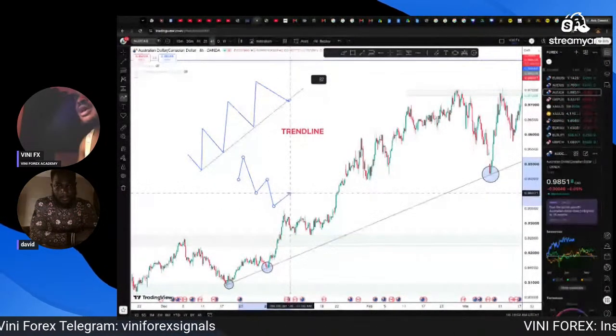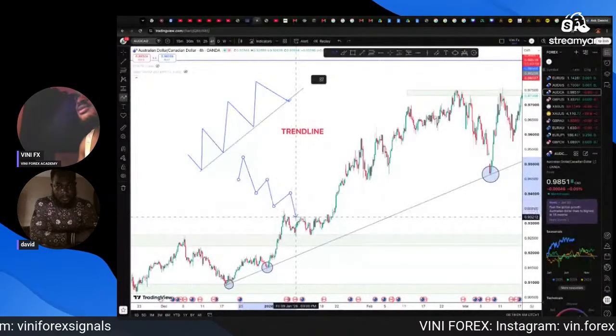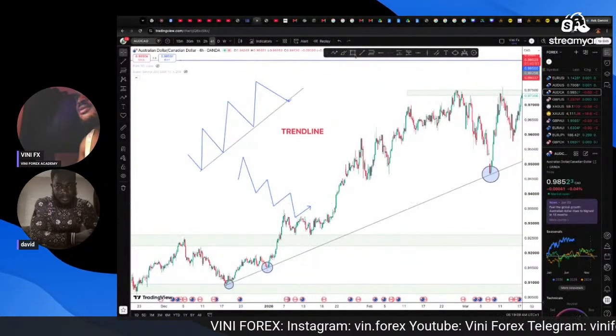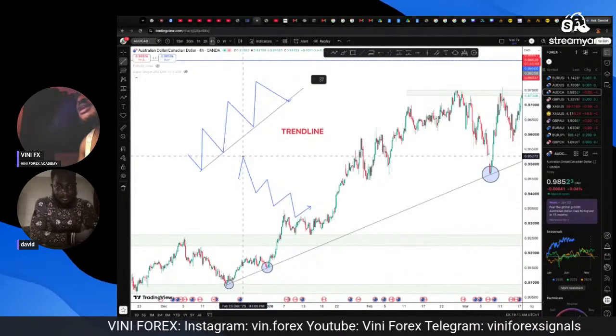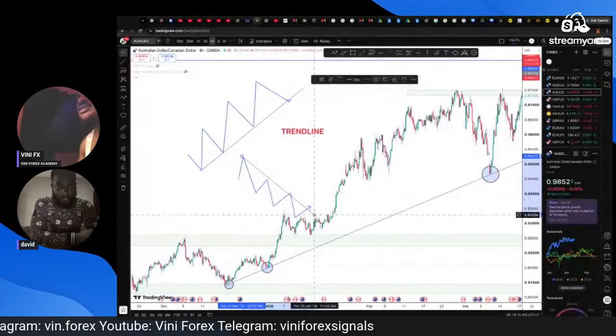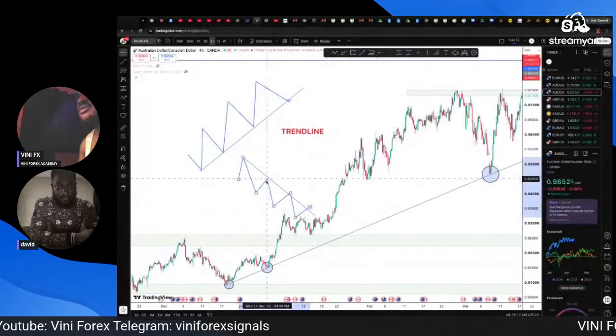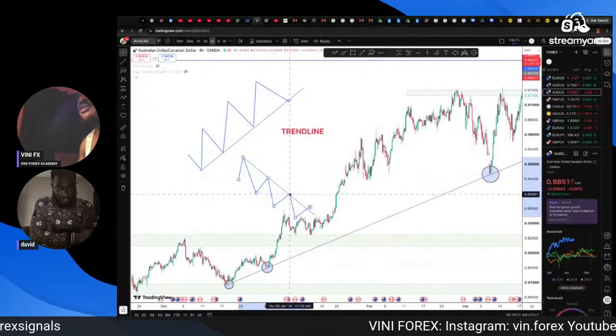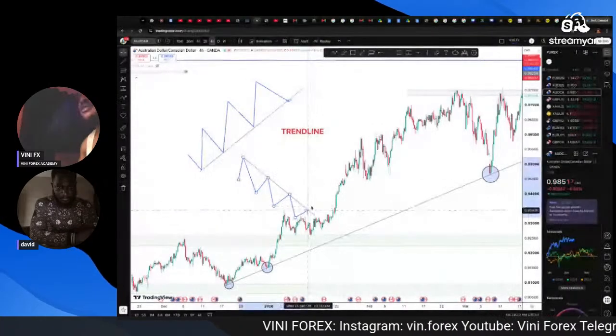Here is a lower high. Here is a lower low. Here is a lower high. So you can also put a trend line here from this first point, the second one, and extend it to the future. Make it perfect. Have you seen it?